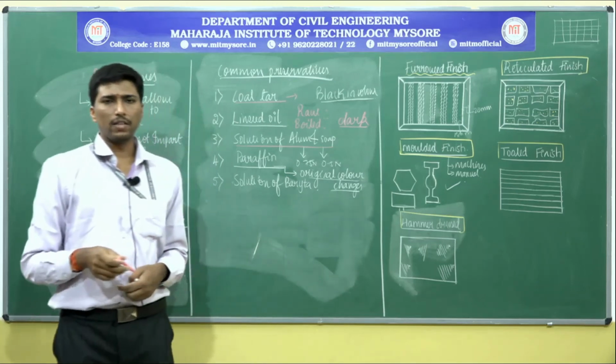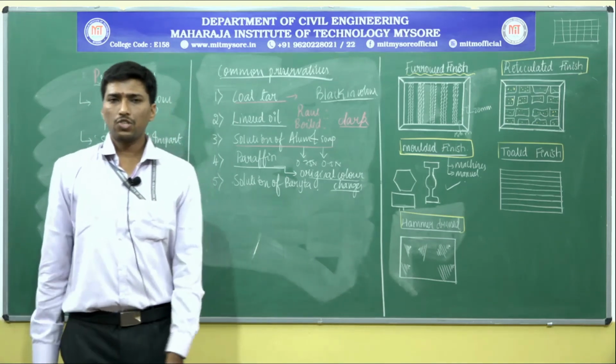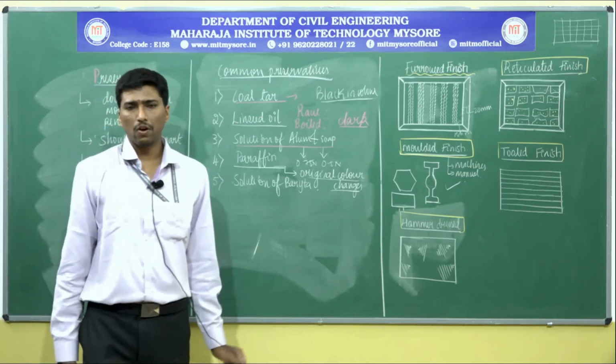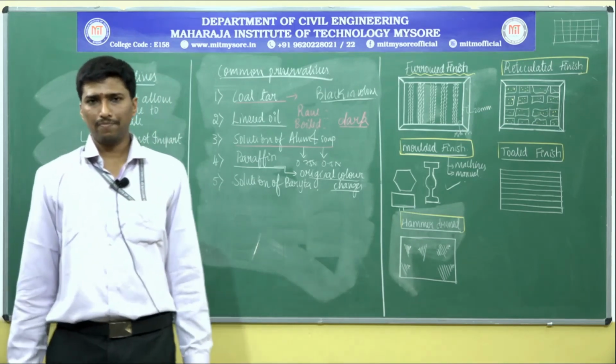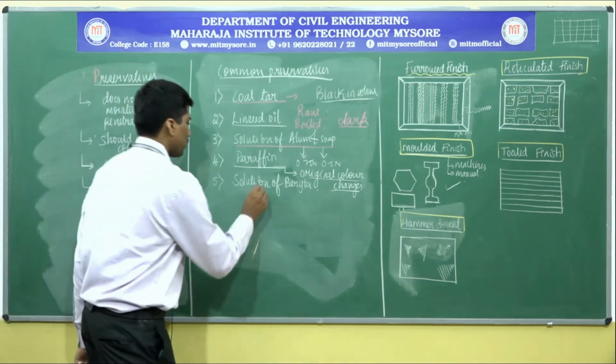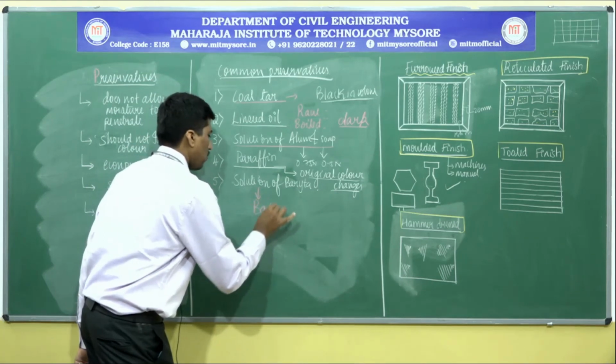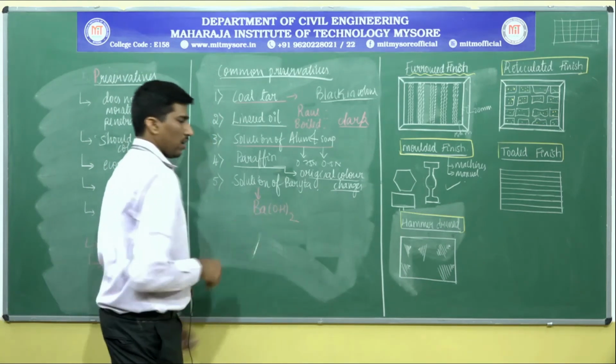Solution of baryta, where a barium solution is utilized, we call it a barium hydroxide solution, Ba(OH)2.